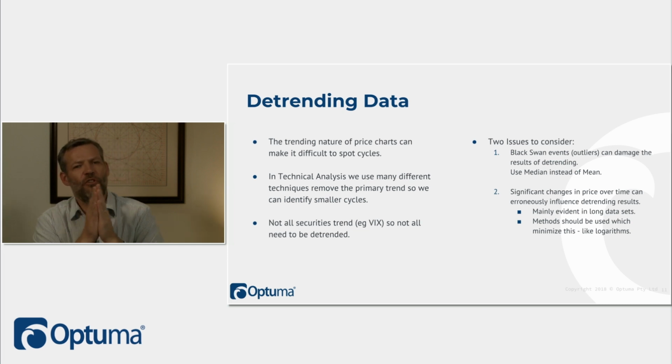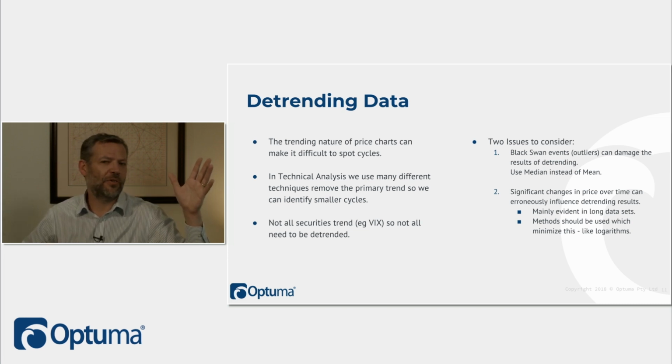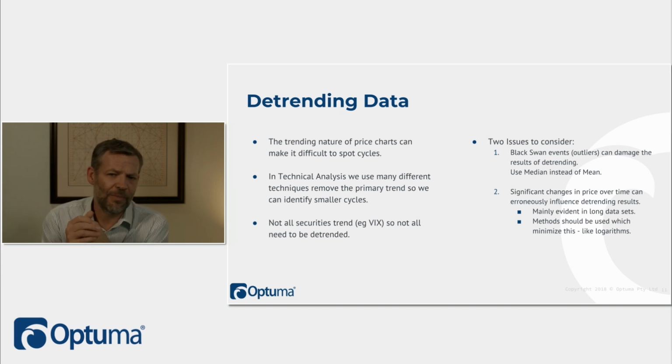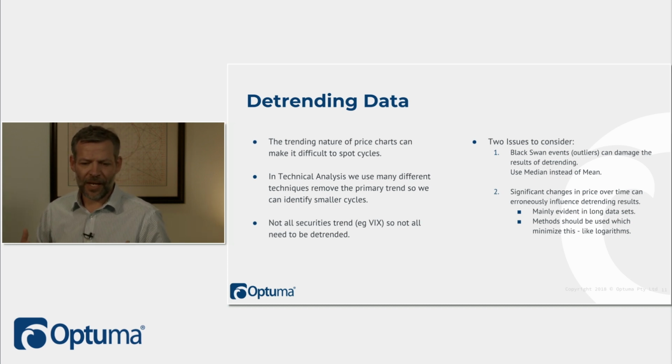If I went too long and I took from the 50s to now as this one massive trend, and I was using that as my detrending mechanism, I'd be missing out on too much information. So we've got to be sensible about how we detrend. We're trying to get the primary trend. With the Dow theory, primary trend is what we're trying to identify with detrending processes.